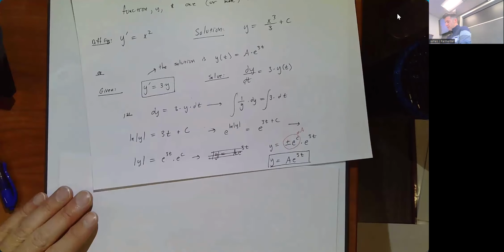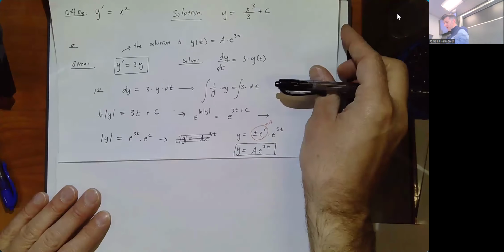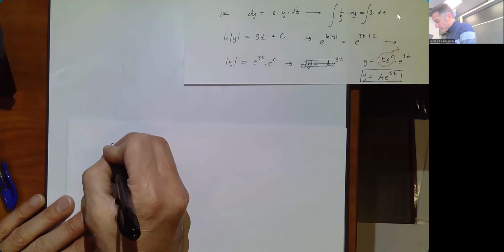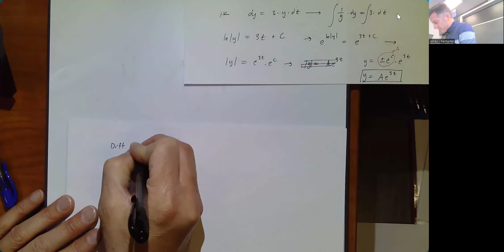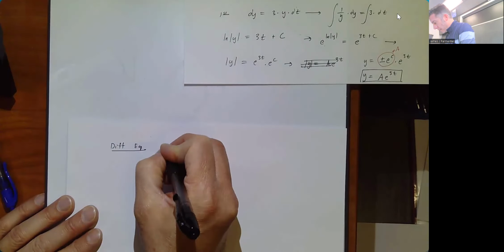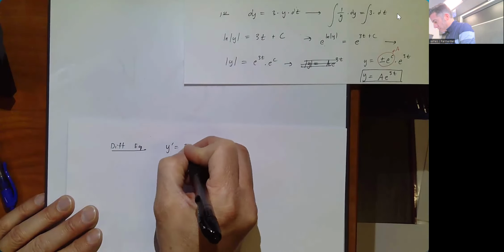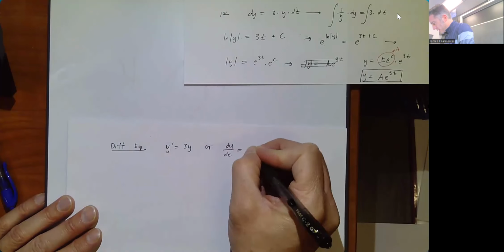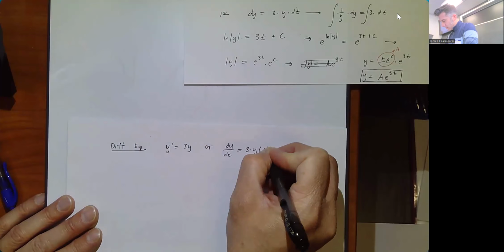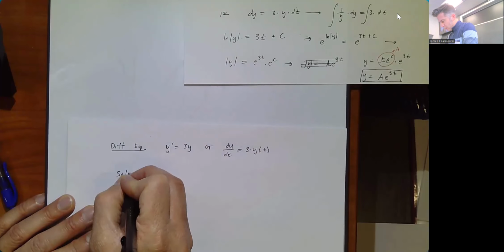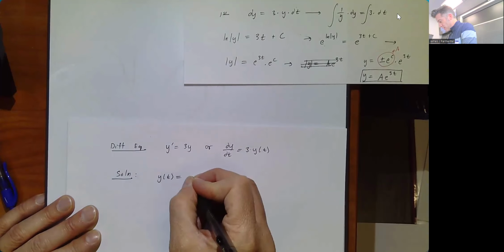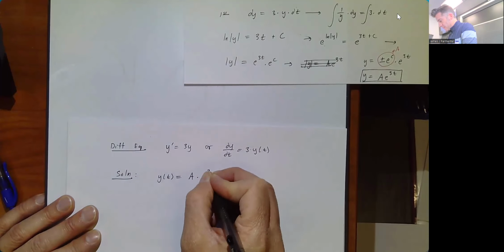I'm just going to write it down again. Our differential equation was y prime equals 3y, or preferably dy/dt equals 3 times y of t. And our solution is y equals a constant times e to the 3t.